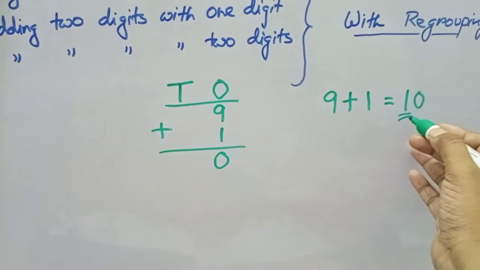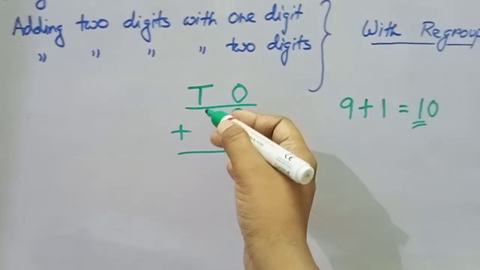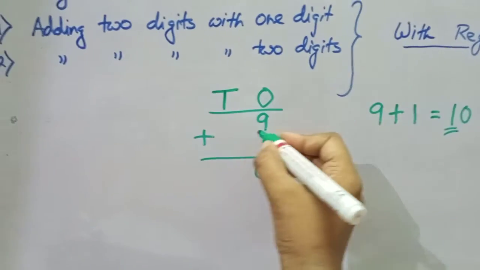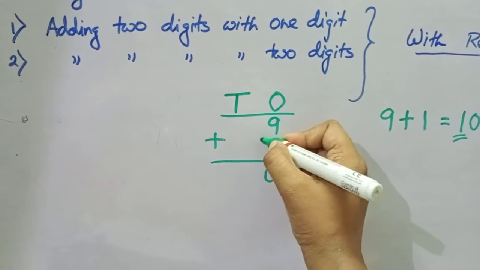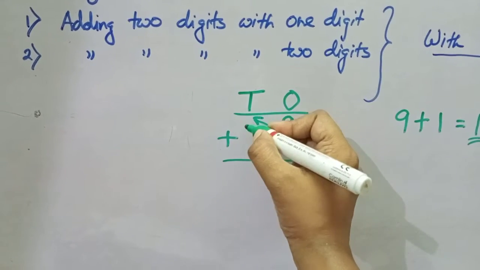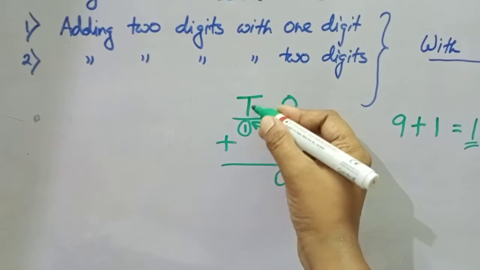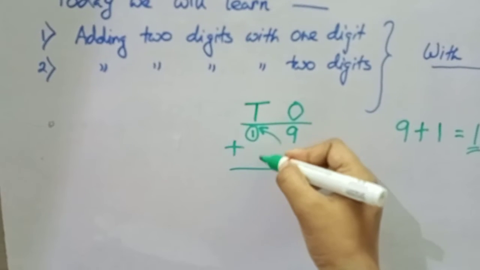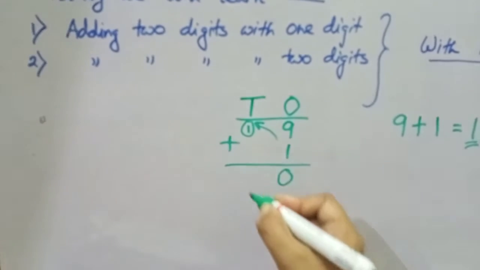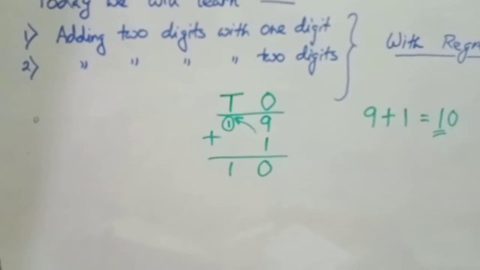This carryover we are going to carry to the tens place. So 1 plus again nothing, that means 0, then 1 plus 0 becomes 1.